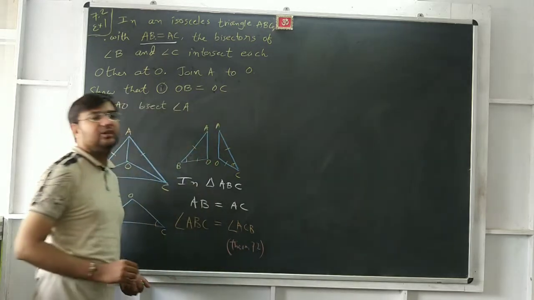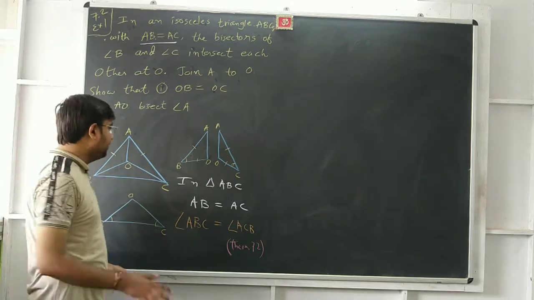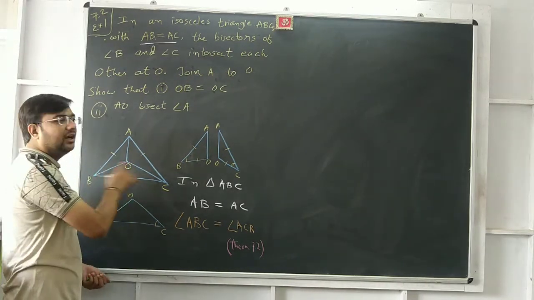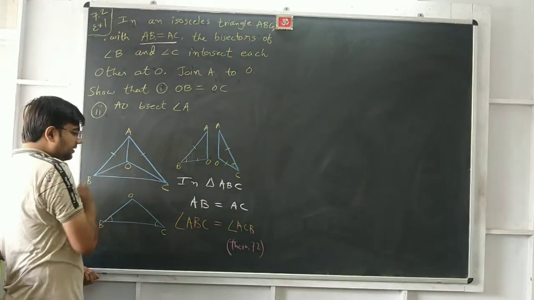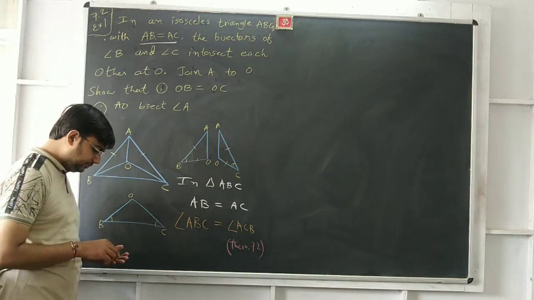What is theorem 7.2? It says that if in a triangle two sides are equal, as in an isosceles triangle, then the opposite angles should also be the same. So angle ABC is equal to angle ACB. This is the equation.